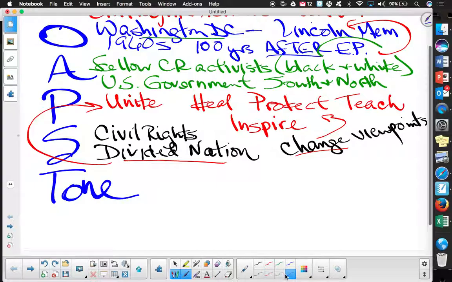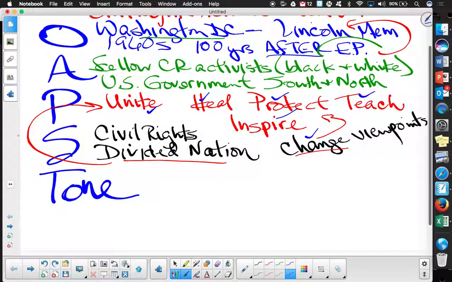But regardless of which one you choose, unite, heal, protect, teach, inspire, change, my claim would be all of those are infinitely better than the word show. It means more to say heal than to show. It means more to protect, unite, to change than it does simply to say show.